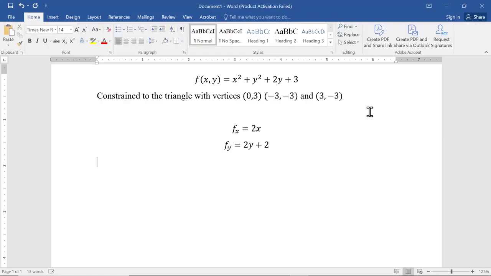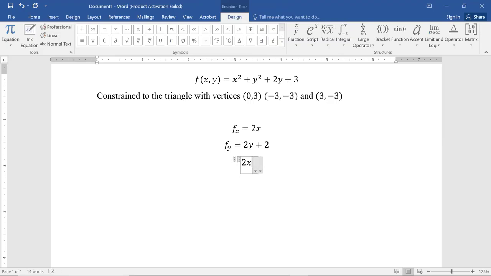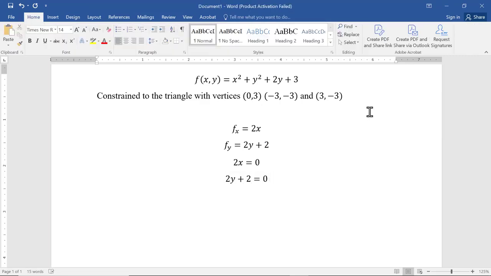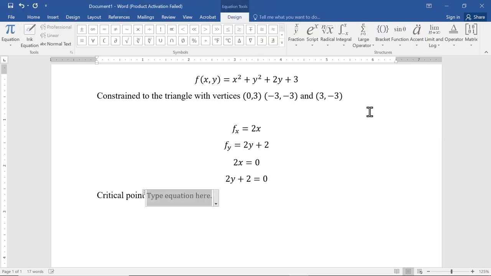And for both of them to be 0, if 2x is equal to 0 and 2y plus 2 is equal to 0, then basically we have one critical point, and that critical point is when x is 0 and when y is negative 1. So critical point of (0, negative 1). Okay.